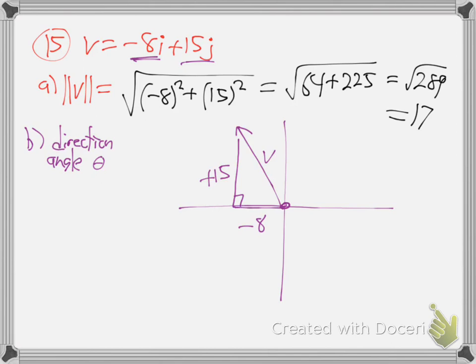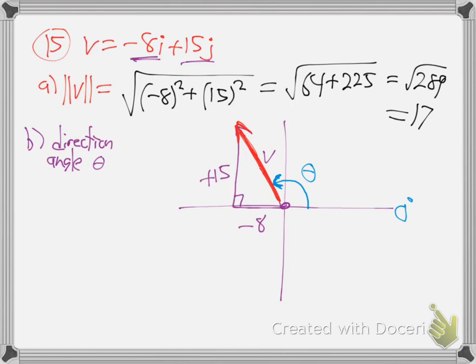They mean this angle, don't they? Because this is 0. This is 0 degrees, right? So you're always starting from 0. Starting from 0, what angle? Because here's the vector, right? It's headed off in this direction.